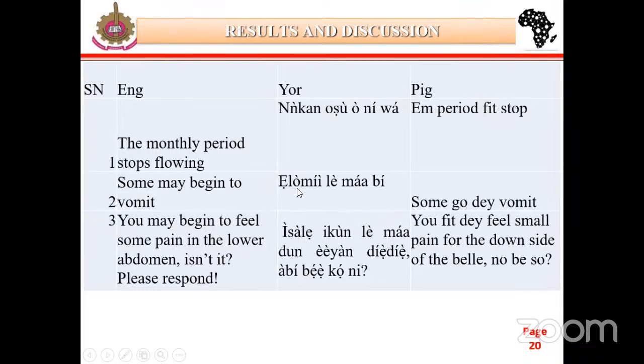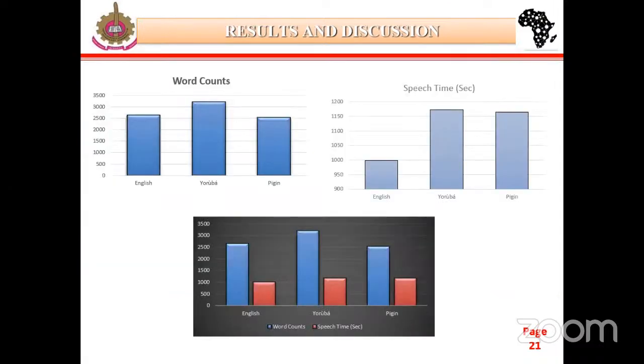We also have some other examples of how this was produced using the special Yoruba language keyboard, for which the texts are available. We evaluated the numbers of word counts and the speech time, and placed them side by side.